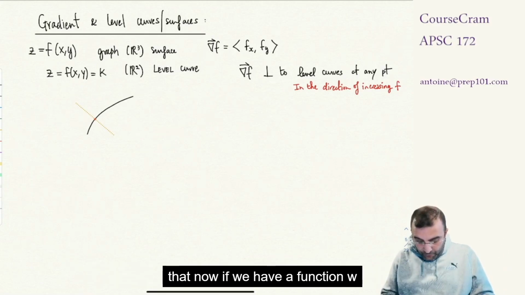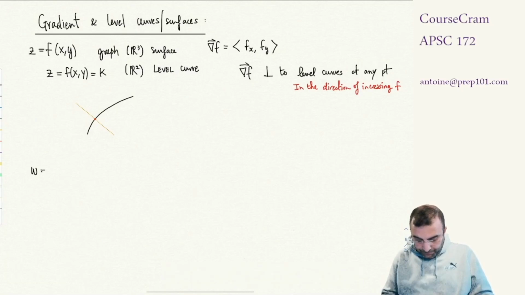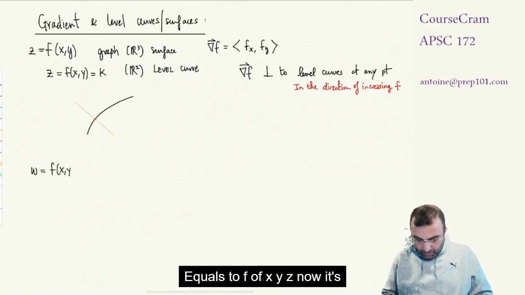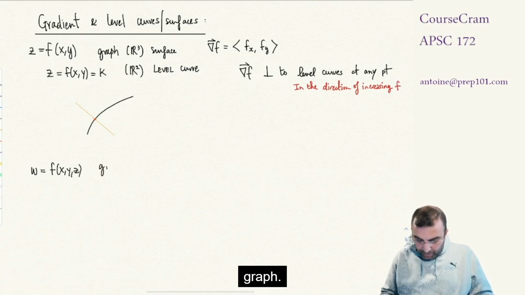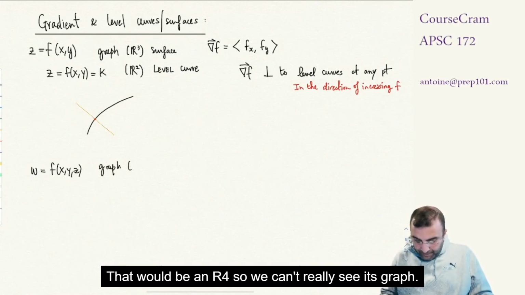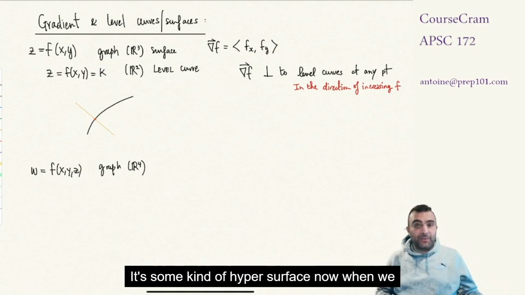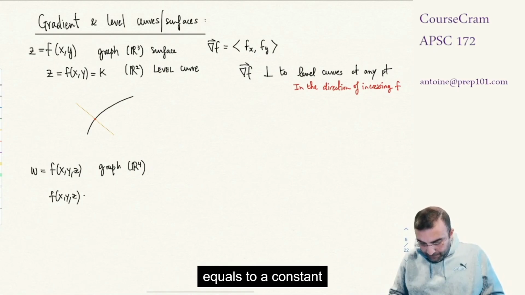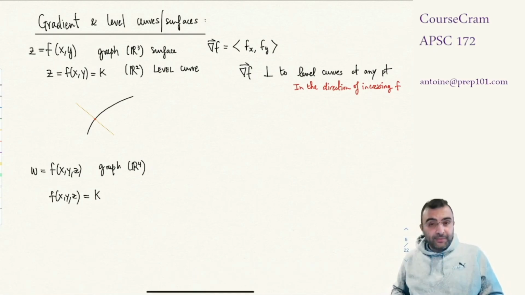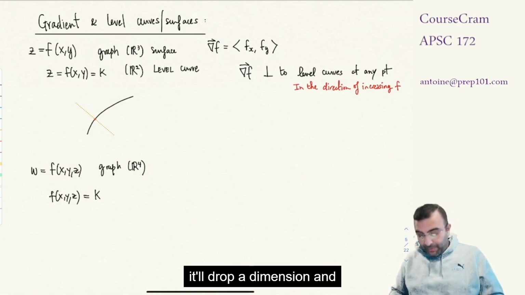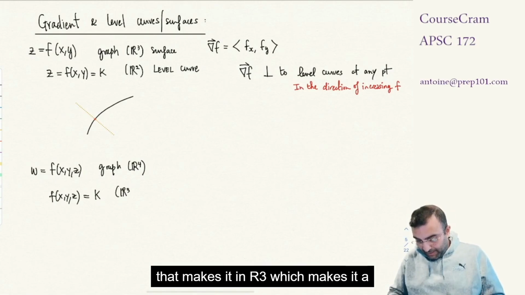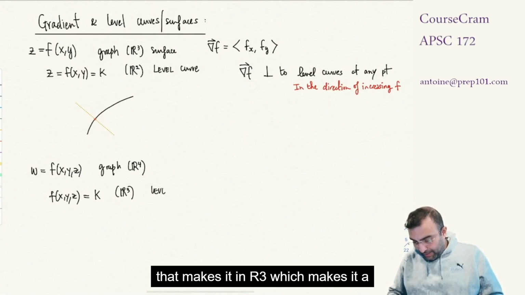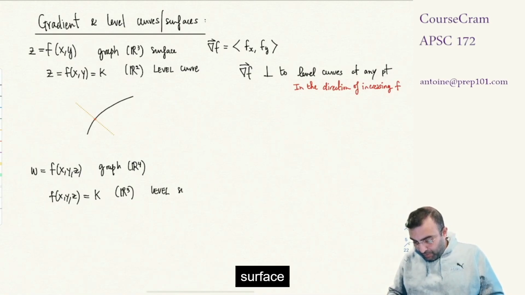Now, if we have a function w equals f of x, y, z, its graph would be in R4, so we can't really see it; it's some kind of hypersurface. When we set f of x, y, z equal to a constant, it drops a dimension, and that makes it in R3, which makes it a level surface.